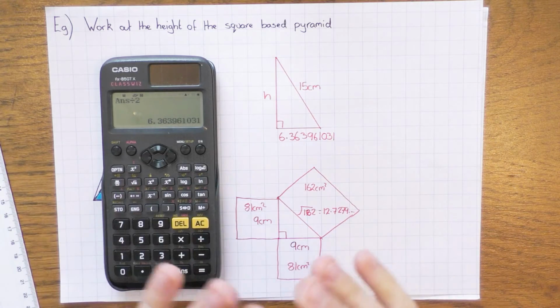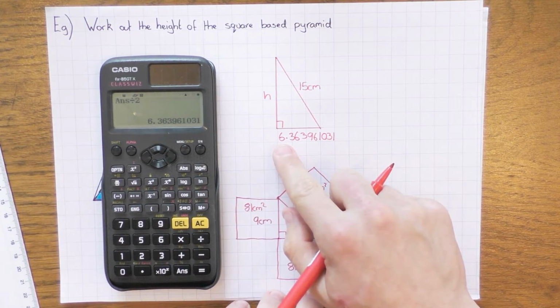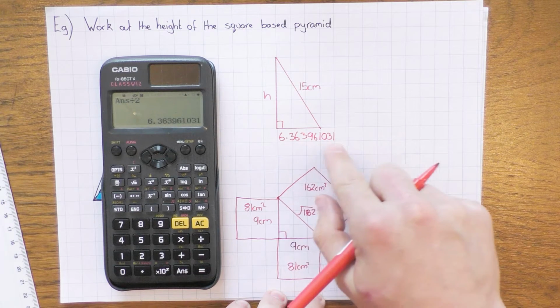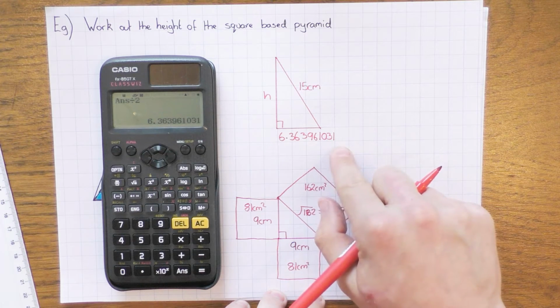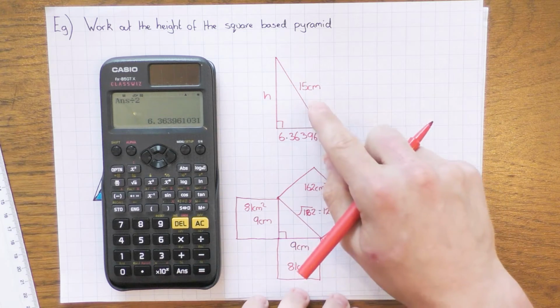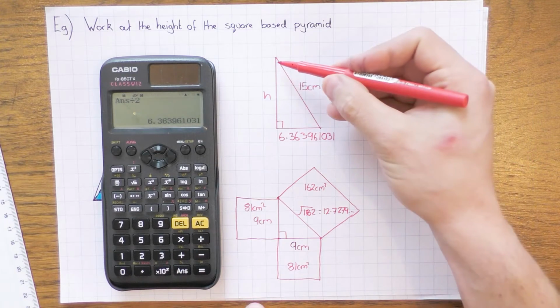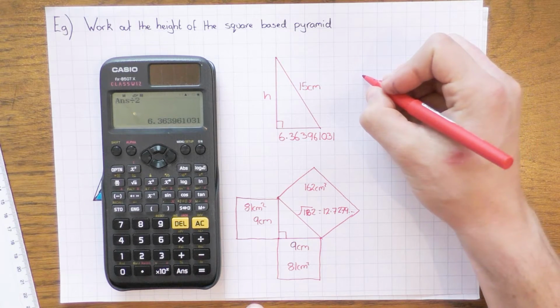which is going to tell me 6.363961031. Now again, don't get rid of that, because we want to try and make this as accurate as we possibly can. So I don't want to have to type that in again, and I don't want to round it. I don't want to round anything until my very last answer. So what I'm going to do is 15 squared. This is now the hypotenuse, so that's the big side.